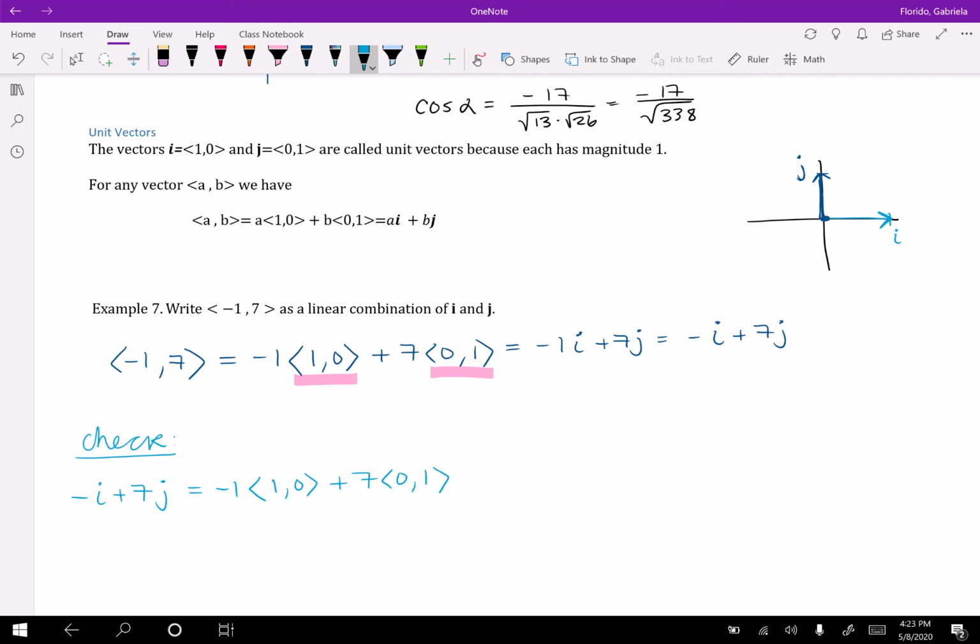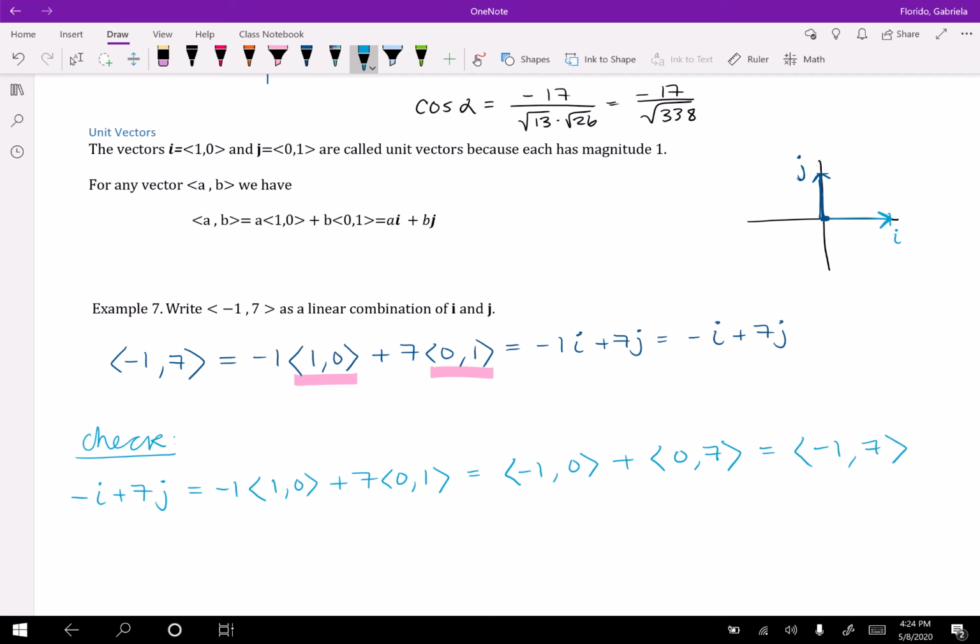Now if I simplify this, we already know that each of the components gets multiplied by the scalar. This is going to equal the vector negative 1, comma 0, and then the second one is going to be 0, comma 7. Now if I add these two vectors component-wise, that's going to equal negative 1 plus 0, which is negative 1, and 0 plus 7. Ta-da! We ended up getting back the original vector that we started with.